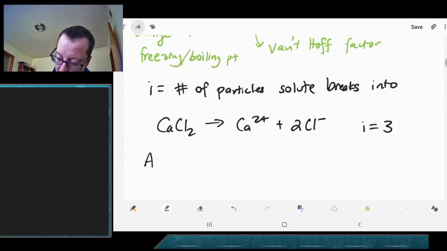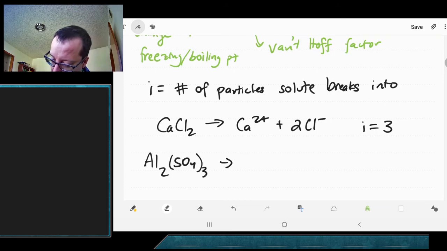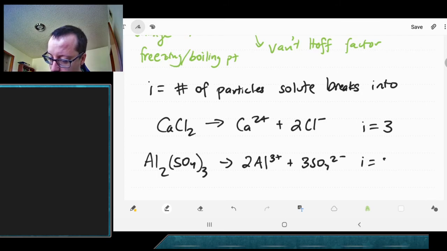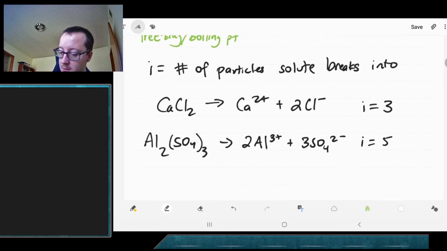If we put in aluminum sulfate, we're expecting i to be 5, because we have 5 ions total.